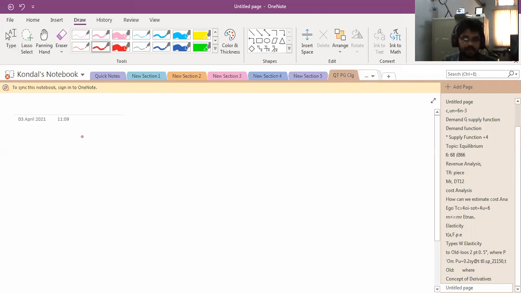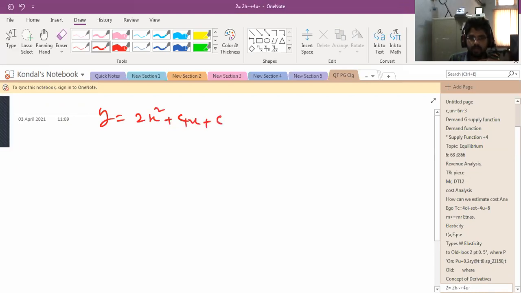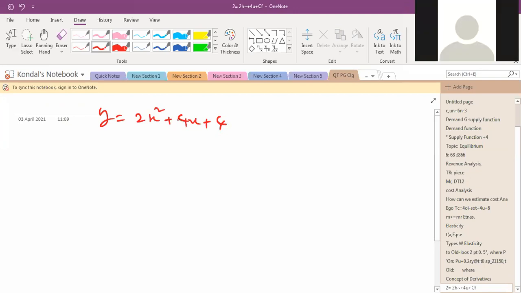For example, in order to solve the derivatives, we need to follow whether the equation is quadratic or cubic. For example, if I mention y is equal to 2x square plus 4x plus 4, what kind of equation is it? Quadratic. It is quadratic, right?